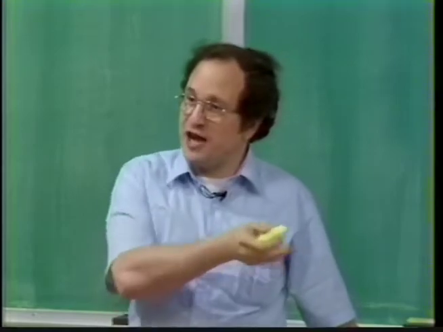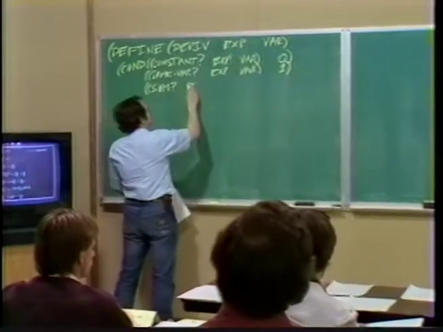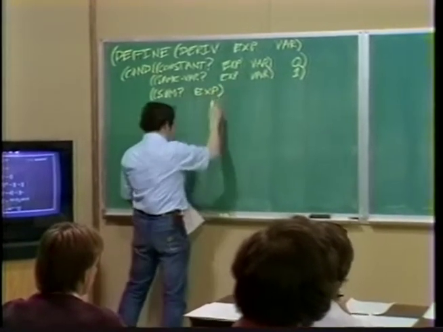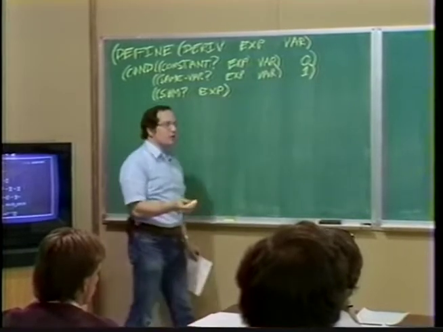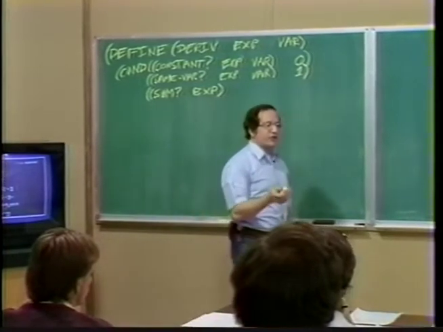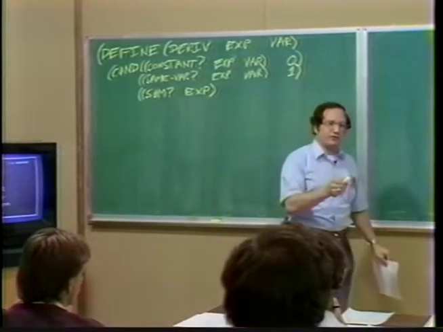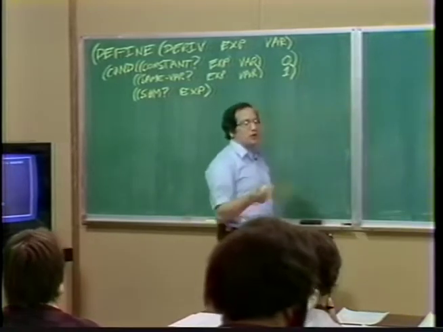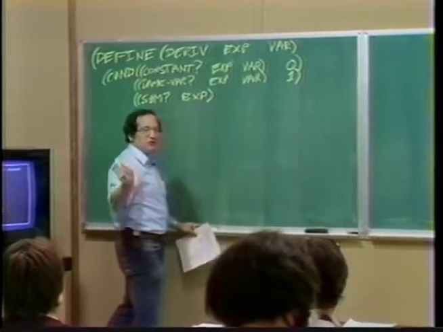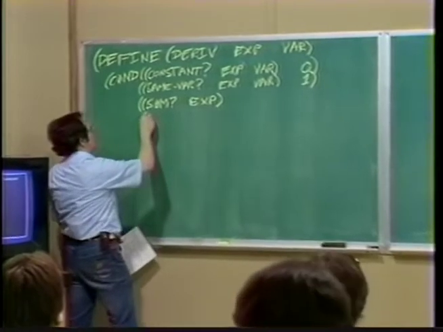Absolutely essential in building languages, because languages are made out of different expressions, and soon we're going to see that in our more powerful methods of building languages on languages. Is an expression a sum? If it's a sum, well, we know the rule for derivative of the sum is the sum of the derivatives of the parts. One of them is called the addend and the other is the augend, but I don't have enough space on the blackboard to use such long names, so I'll call them A1 and A2.